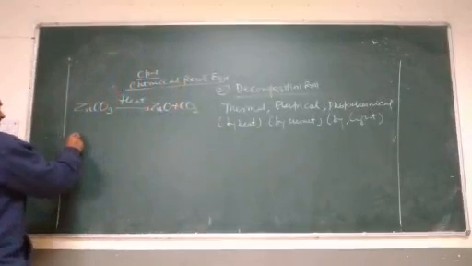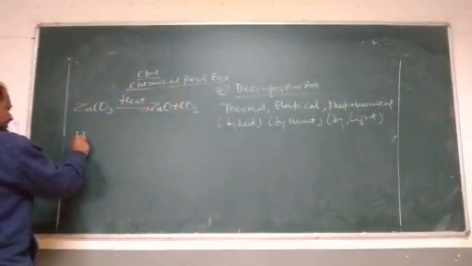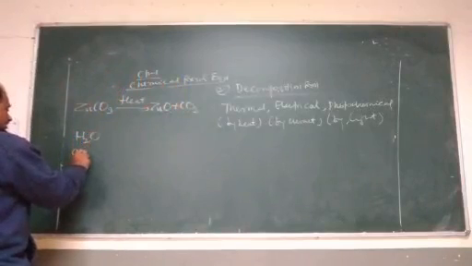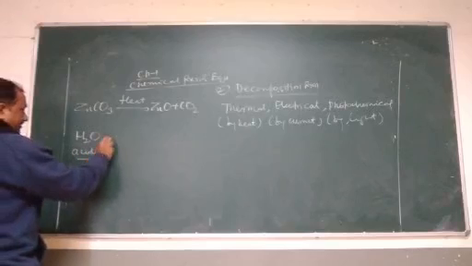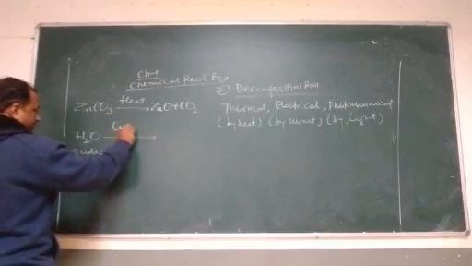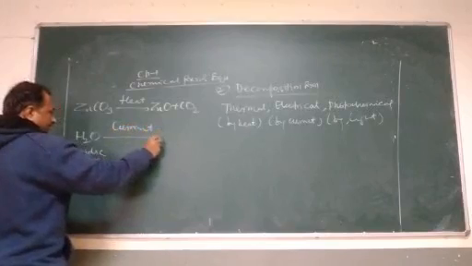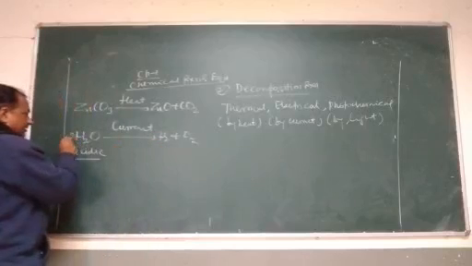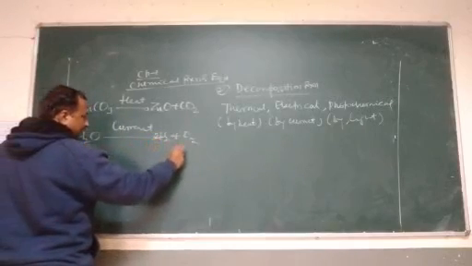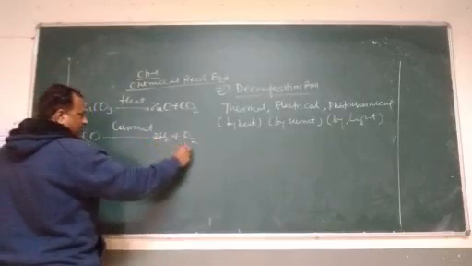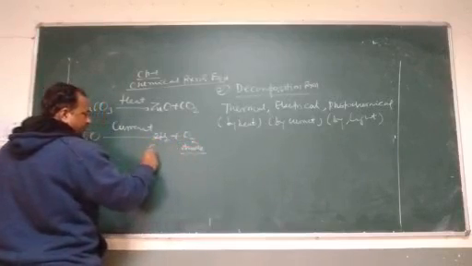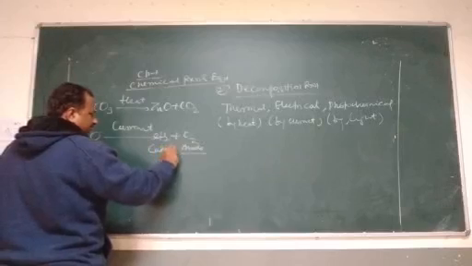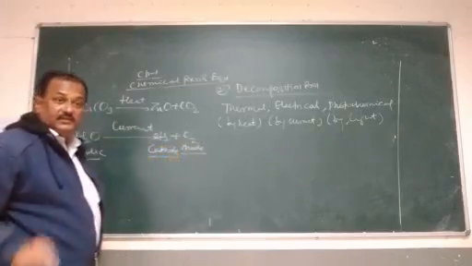Now, electrical decomposition, we take the water. So, water must be acidic, and on passing current, there is H2 and O2. So, here we balance. This oxygen is produced at the anode, and this hydrogen is produced at the cathode.